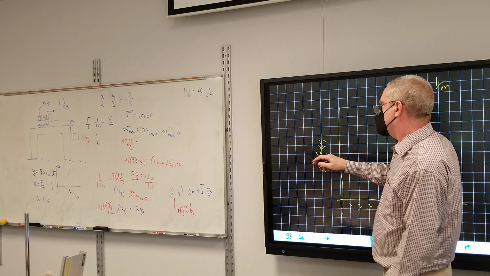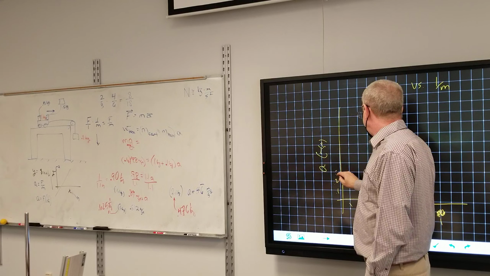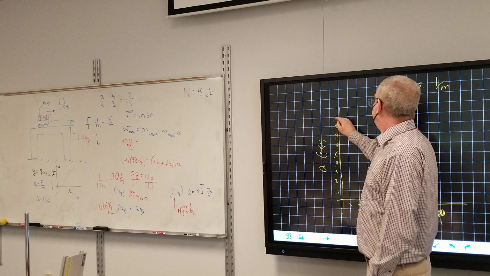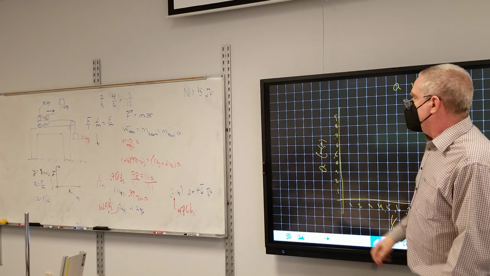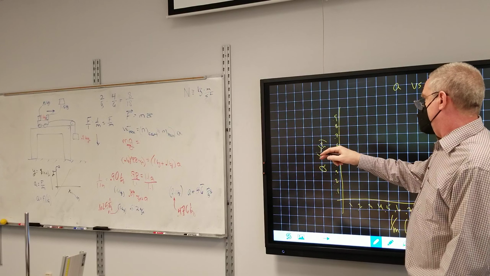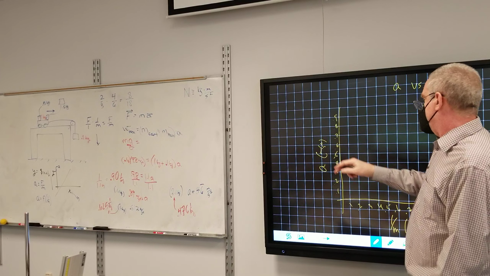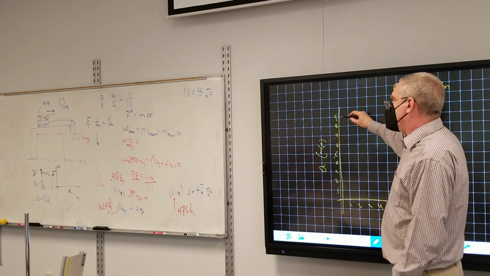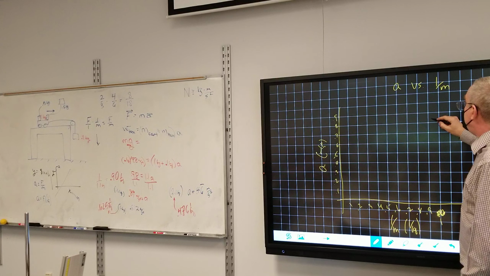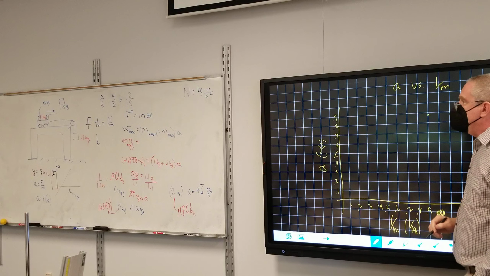We had 0.89, so make this my 0.1. When my acceleration was 0.89, my inverse mass was 0.9, somewhere around there.